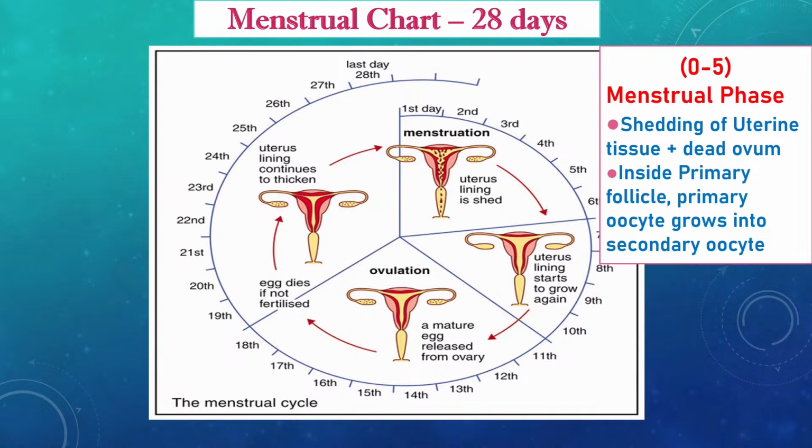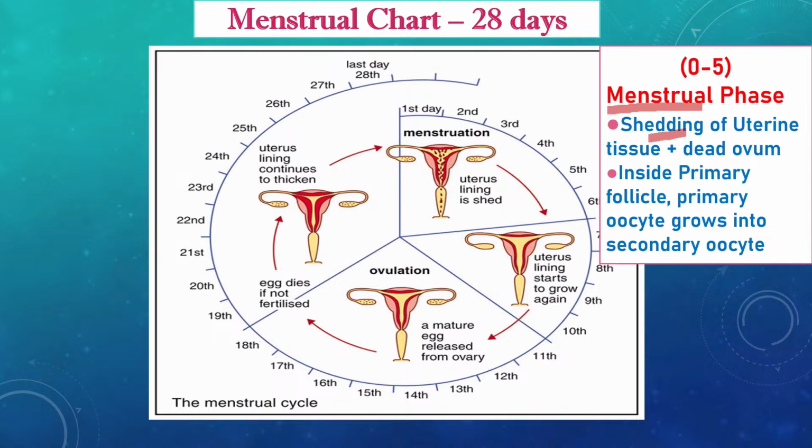I start with the first one, day 0 to day 5, which is the menstrual phase. This is when the female will be menstruating. What are the points there? Shedding of endometrium tissue. All the stocked up endometrium tissue is now of no use, because there is no fertilization, no implantation. So they are clearing off all the old stock.